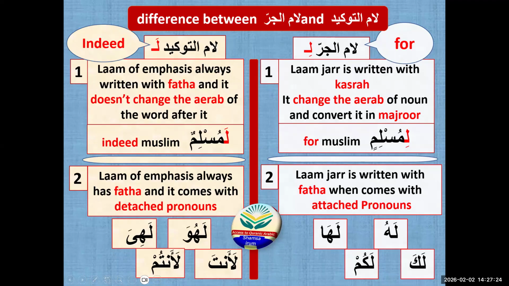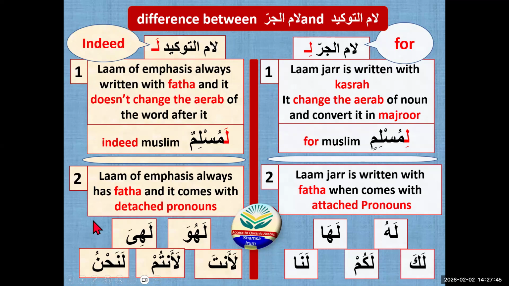Okay. One more, the last example, lana, and on the other hand, la nahnu. In lana, this na pronoun tells me that it is an attached pronoun, so it means it is a majroor pronoun. Whenever it attaches with the lam, this lam is lam jar.